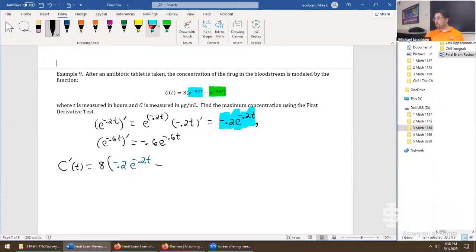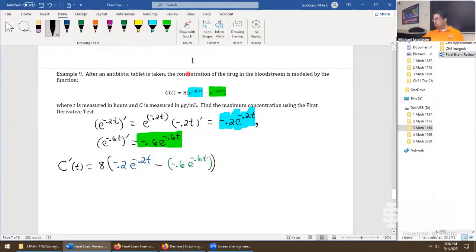There's a minus in the middle. And then this derivative gave us another negative sign. So let's put in minus 0.6 e to the negative 0.6t, written in like that. So we've got our derivative.